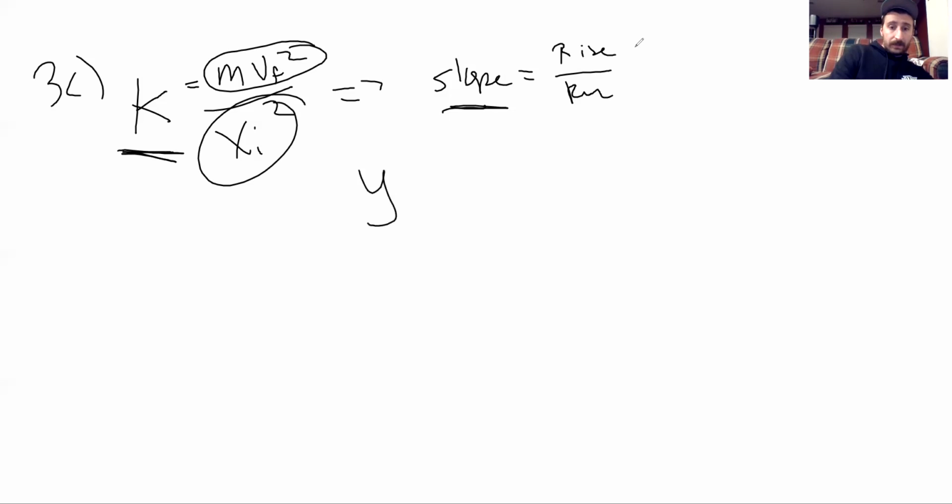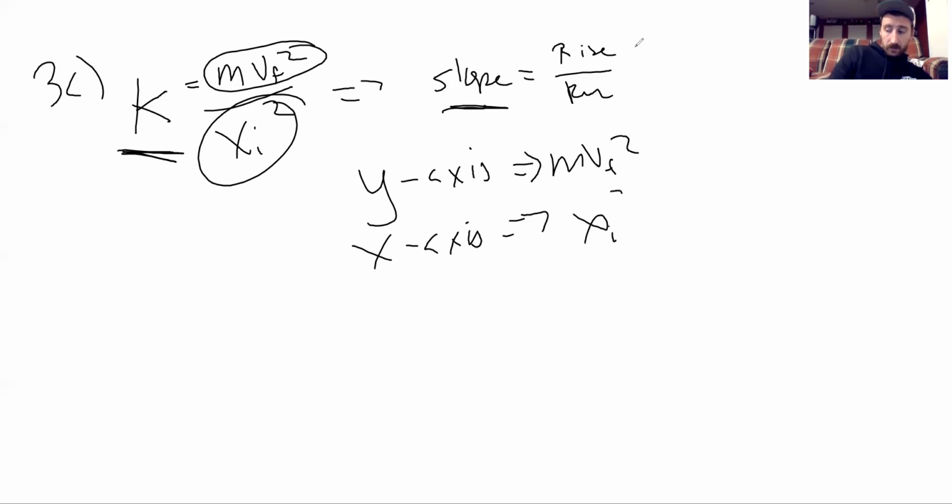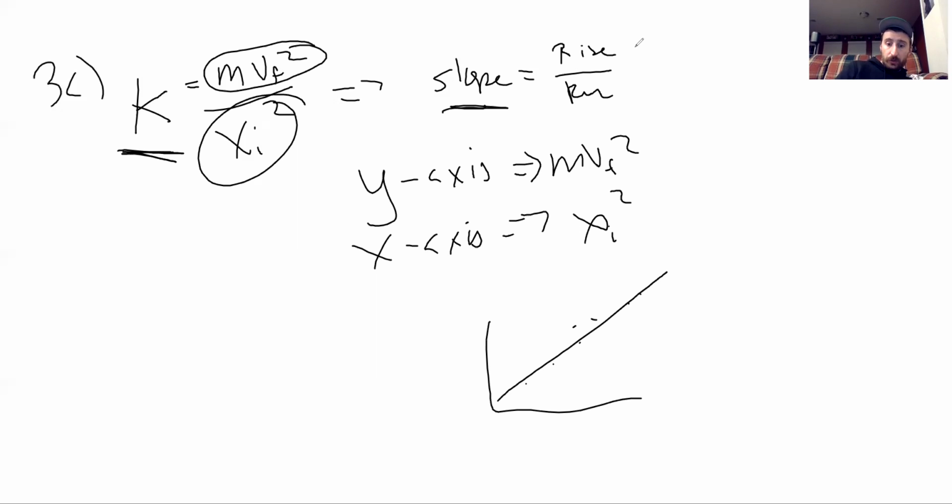So on the y-axis, we're going to graph, and then on the x-axis, we're going to graph. Okay? Now, when you graph that, okay, if your line of best fit fits the data, all right, in other words, it's linear, right? and goes to 0, 0, the origin, all right, then the spring constant is going to be equal.